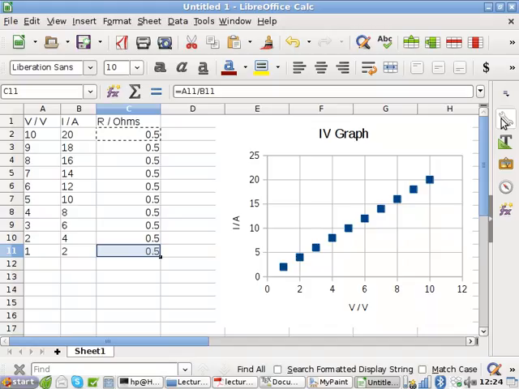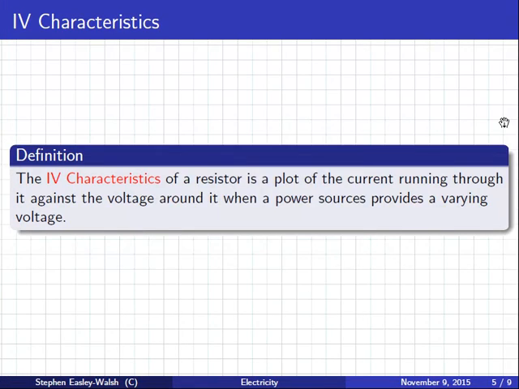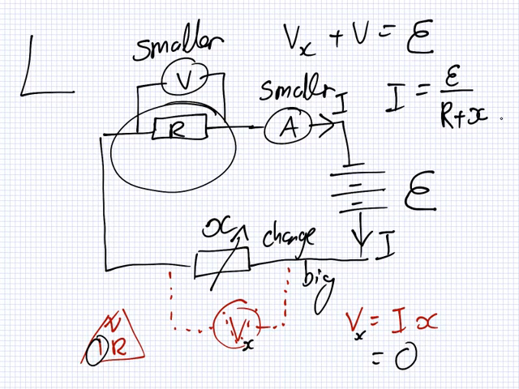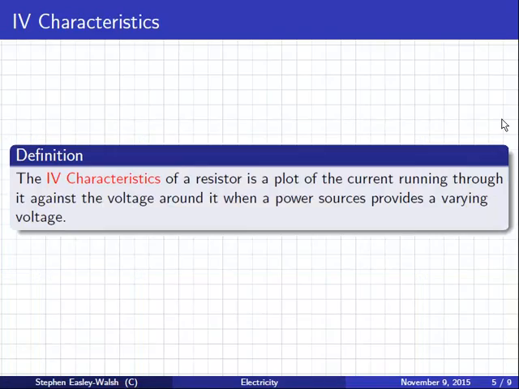You really want this graph, and I'll show you why in a minute, because this graph tells you something about this resistor. How the I and the V change for this resistor, it tells you something about the resistor, and I'll show you what that is in a moment. Okay, so this graph is called the IV characteristics.